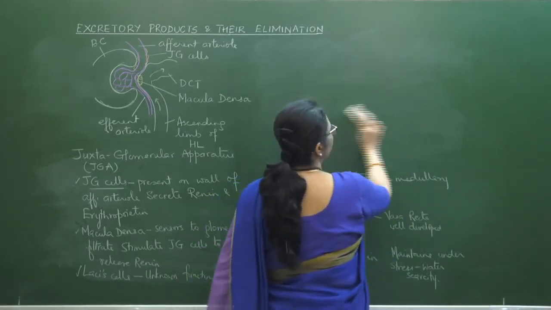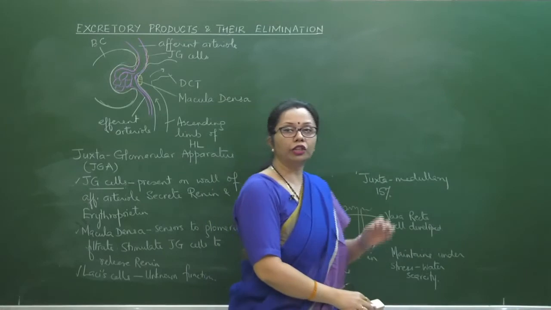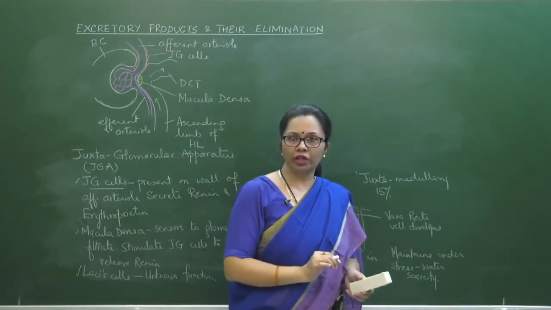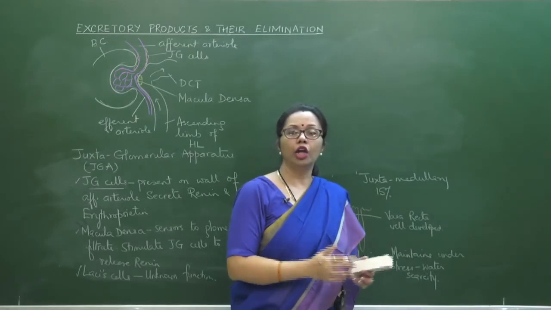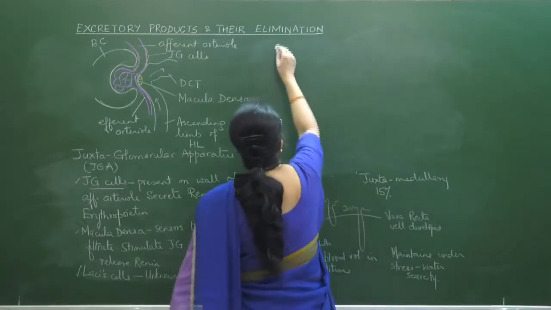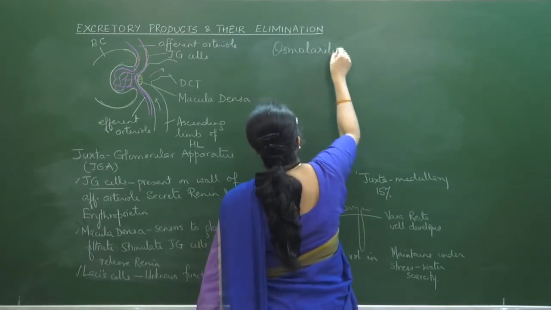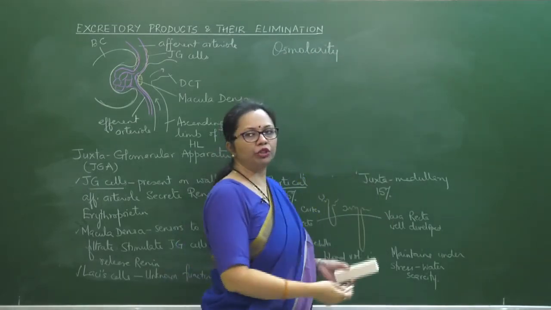Now before I take up urine formation, just one more thing, that is osmolarity, because we will be mentioning osmolarity again and again. So what do we mean by osmolarity? Osmolarity is the same as what you study in chemistry as molarity.